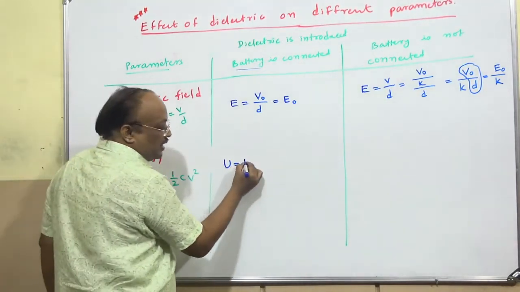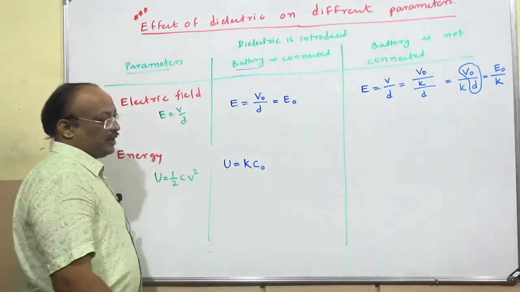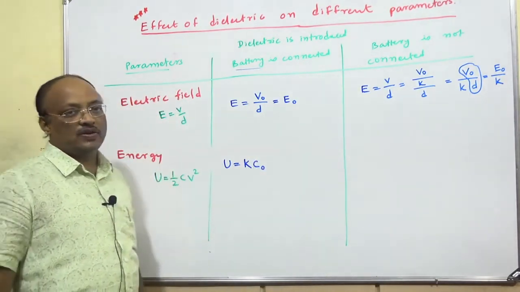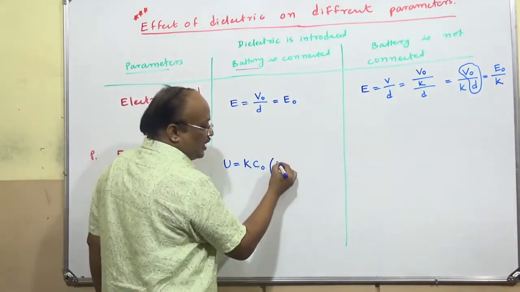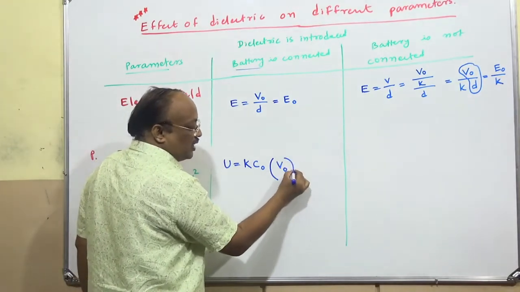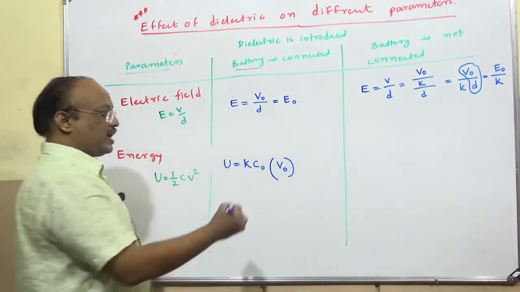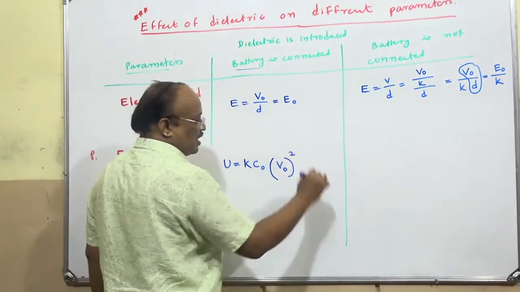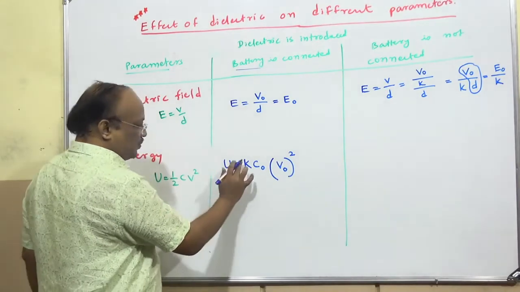It is K times of C naught. Then potential remains as V naught only, V naught square. So in fact half should be there.